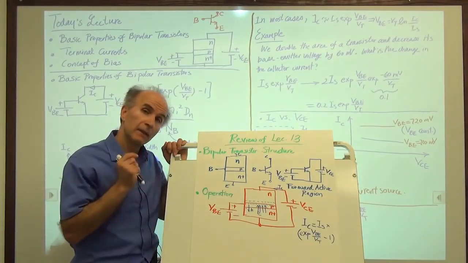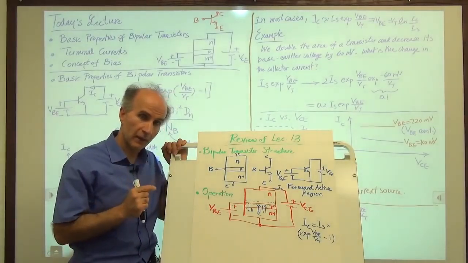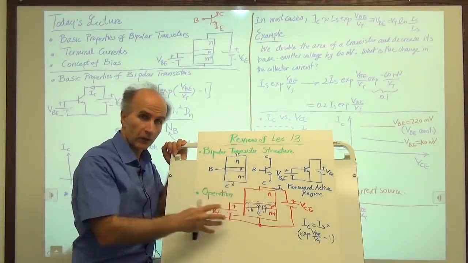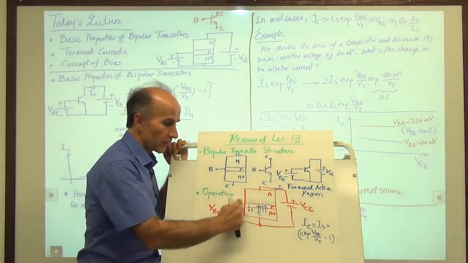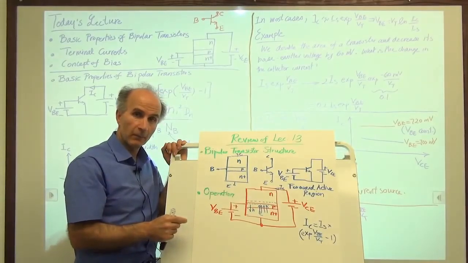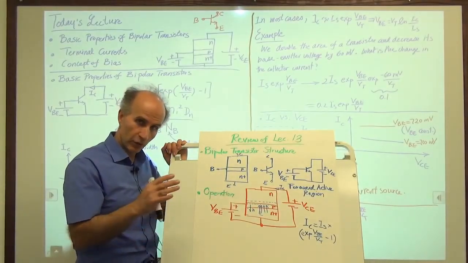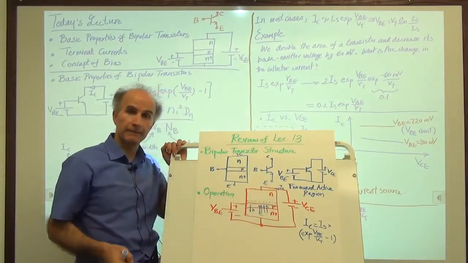Now, the key to our formulation is to recognize that however this device is operating, the number of holes that are going into the base must be proportional to the number of electrons that are going this way.